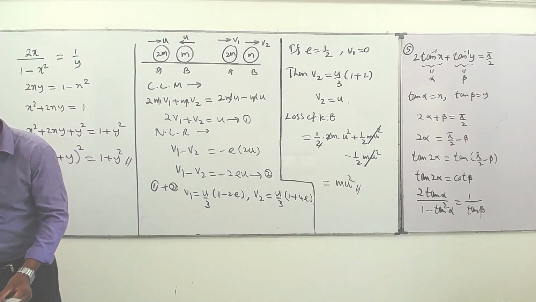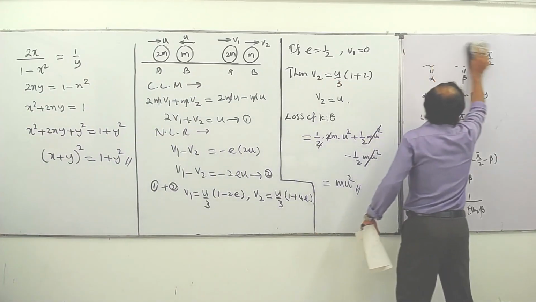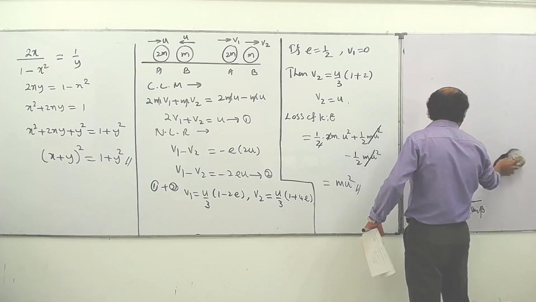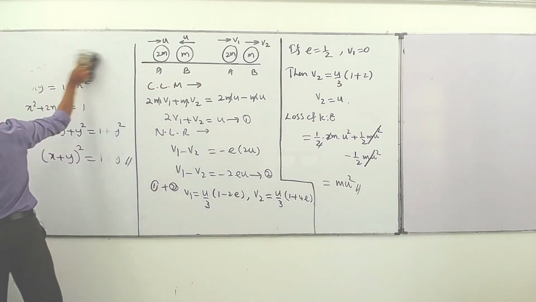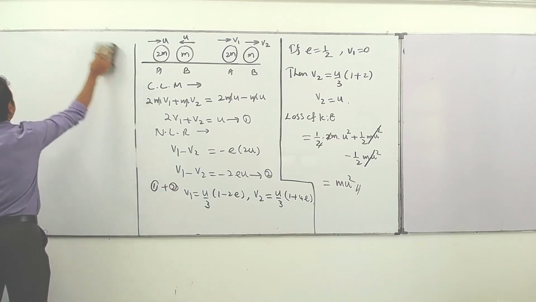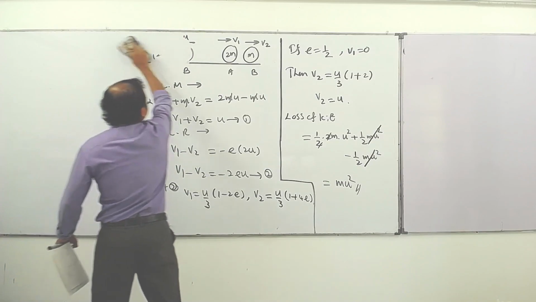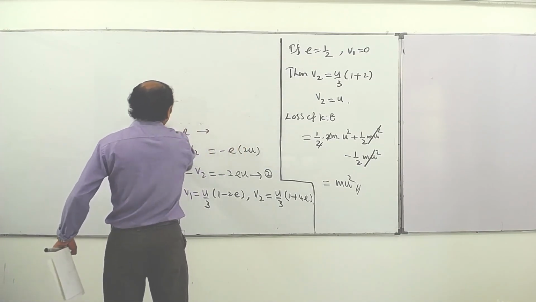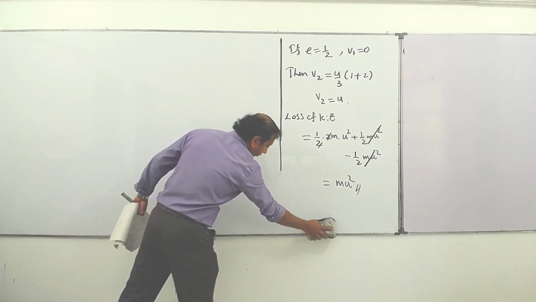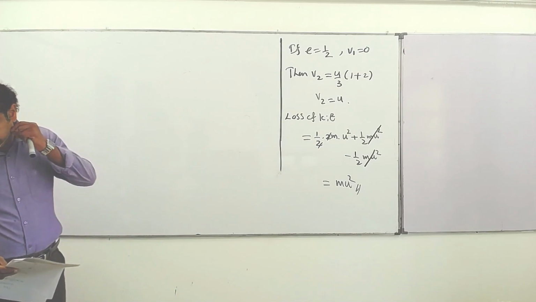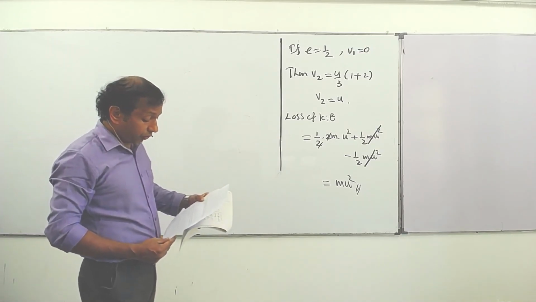Number 7, a projectile question. A particle is projected from a point O on the ground, making an angle pi by 4 with the horizontal.